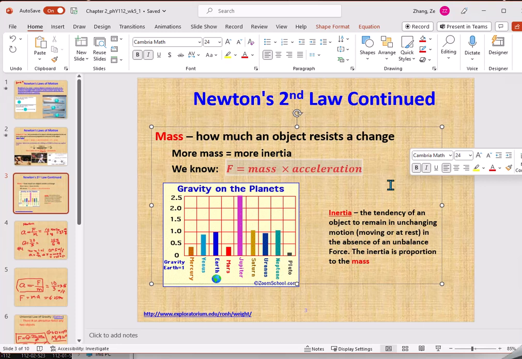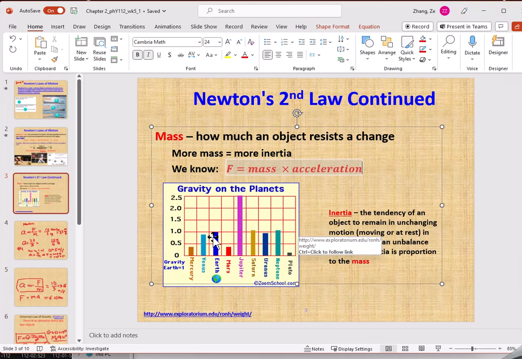On different planets, the gravity attraction is different. So here is the gravity on different planets, and basically it depends on how big the planet is. Just look at the gravity and attraction, and then you will know the relative proportion of the mass of different objects.